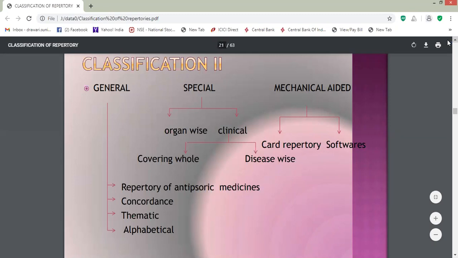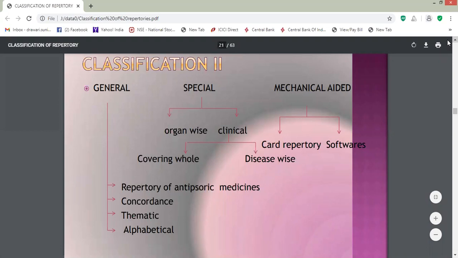So in general repertories, there are repertory of antipsoric medicine, concordance repertory, thematic repertory, and alphabetical repertory. Then in special repertories, some repertories are organ-wise constructed. Some repertories are clinical repertories.